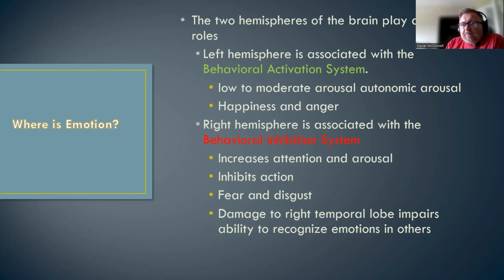In part, we might think, oh, I see another person and I'm trying to evaluate, is this other person a possible threat to me? And I'm really not sure. So I'm just going to freeze and pay attention and try to evaluate what's up with this other person. This ability to read the emotional state of the other person involves these regions on the right side of the brain. And that can, of course, then be damaged.